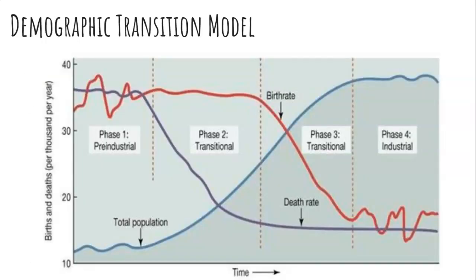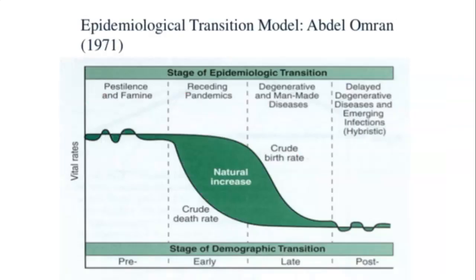And here is what the demographic transition model looks like. It's primarily made up of 4 phases of different levels of birth and death and population growth rates. On top of that, along with the demographic transition, there's another transition known as epidemiologic transition, which runs parallel to demographic transition and helps explain why so many of the changes in population are happening.